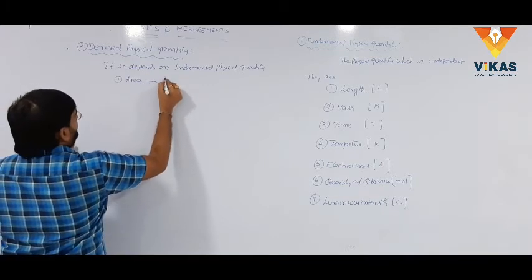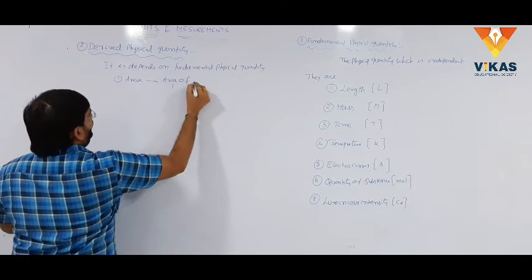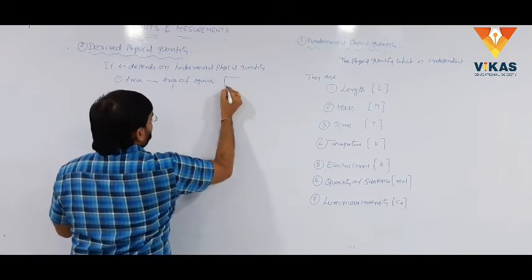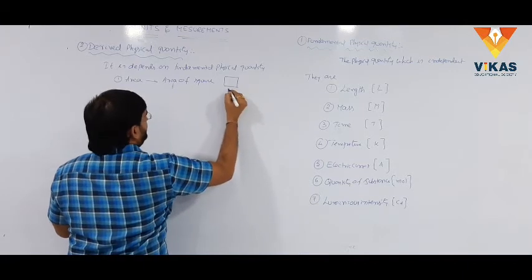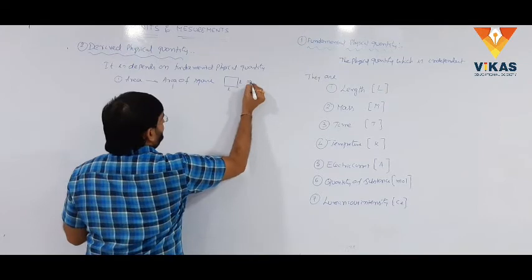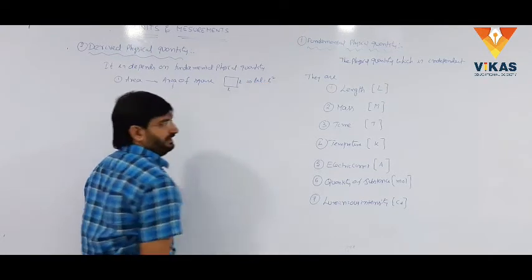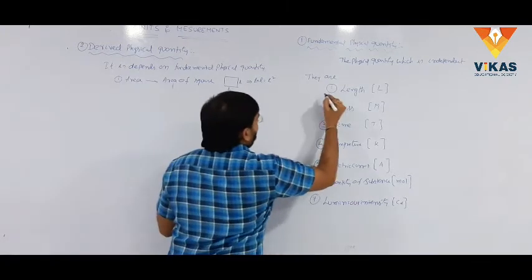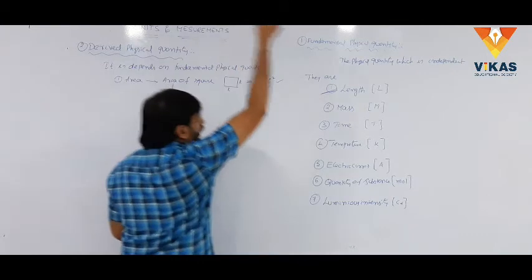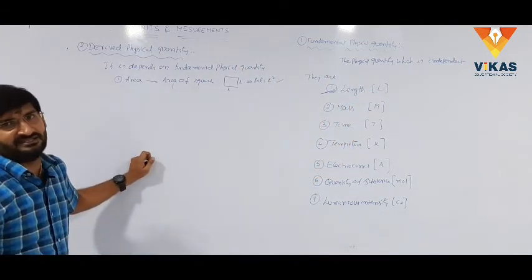Generally, area of a square. This is the square. The four sides are equal. L, L are the lengths of the sides. What is the area here? Length into length, side square, like length square. The length is the fundamental physical quantity. That's why the area depends on fundamental physical quantity. That is, area is a derived physical quantity.